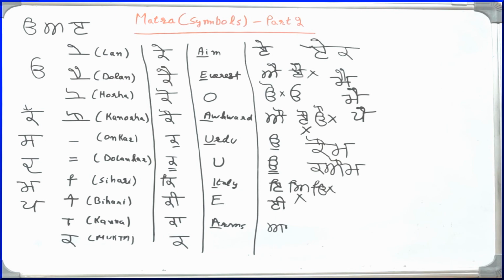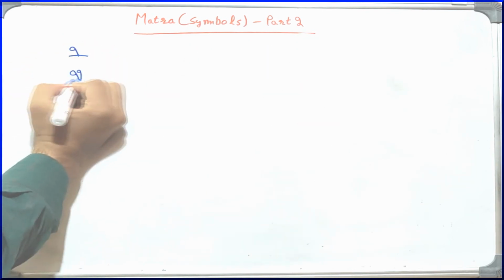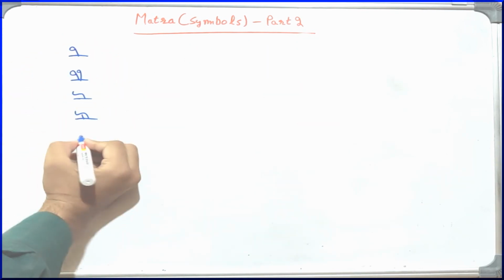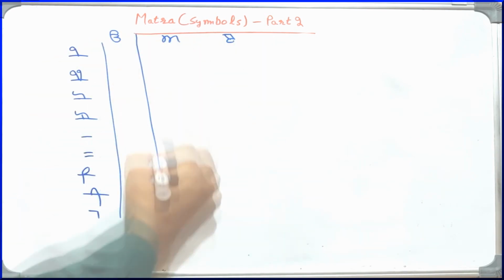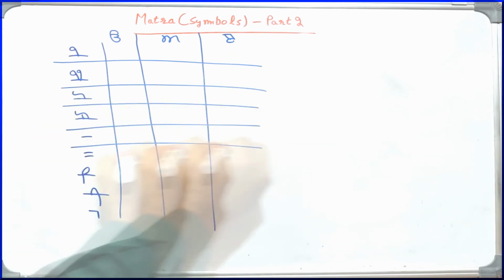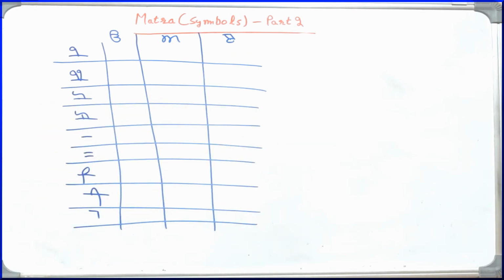So the chart will help you to remember which matras can be attached to these three letters. Let me write it quickly. That was pretty quick. Okay, so let's have this Uda, Era and Edi and their respective matras. Let me also write it which is La and which is Hoda.